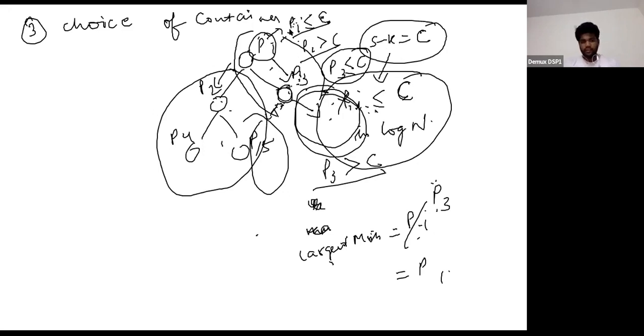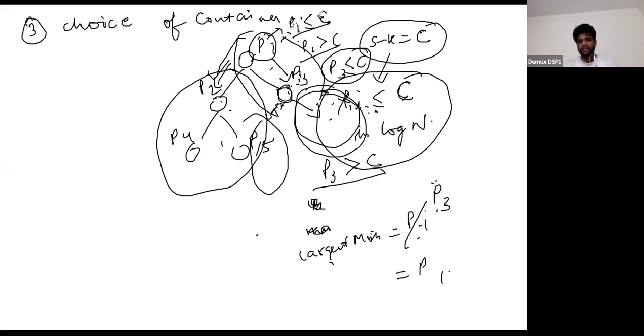So think about the decision at every node, Tulika. What will you do if you compare P1 with C? If P1 is greater than C, then you definitely know that nothing in the right will be a candidate, because you have to find Pi which is less than or equal to C. So you can eliminate everything from the right half and continue your search on the left subtree, right?